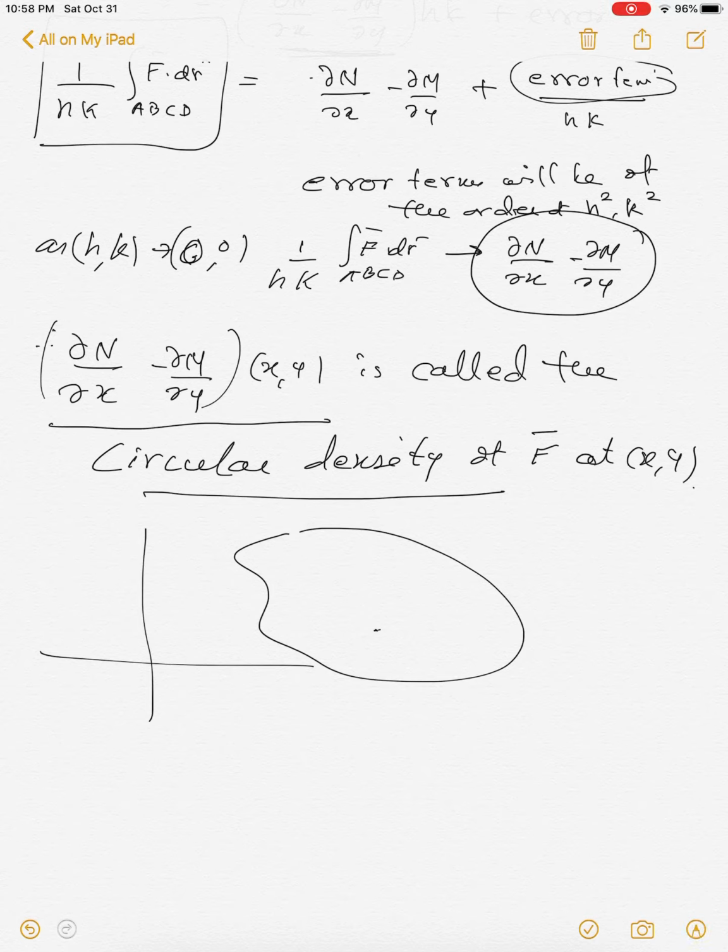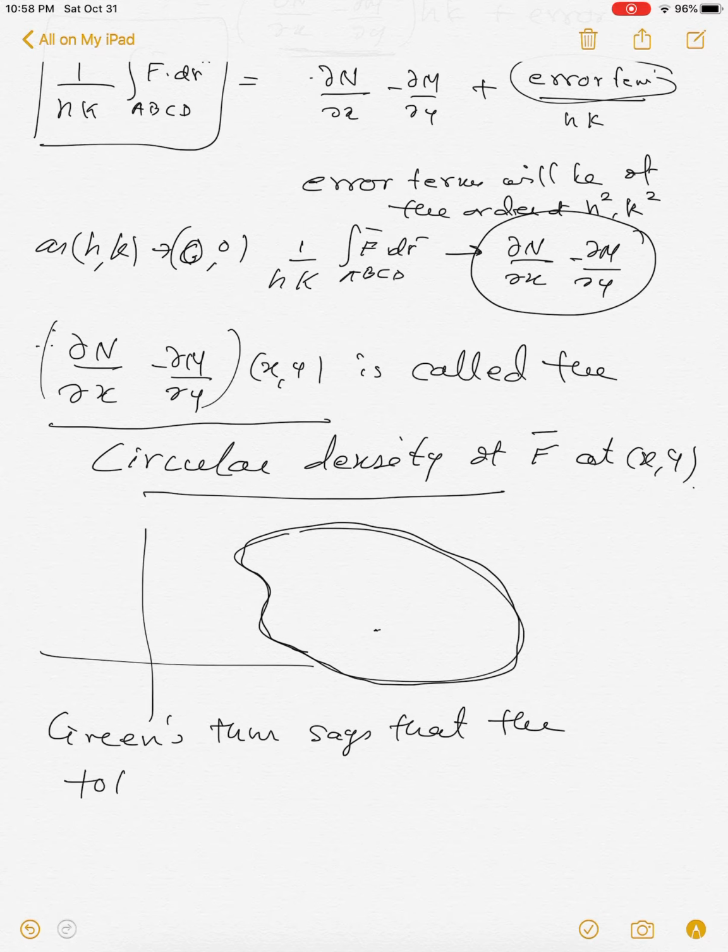The theorem that we have written, Green's theorem, says that at each point there is a circular density which is dN/dx minus dM/dy. If you integrate over all these points, then you get the average circular density, and the average circular density actually equals the circular density on the boundary.